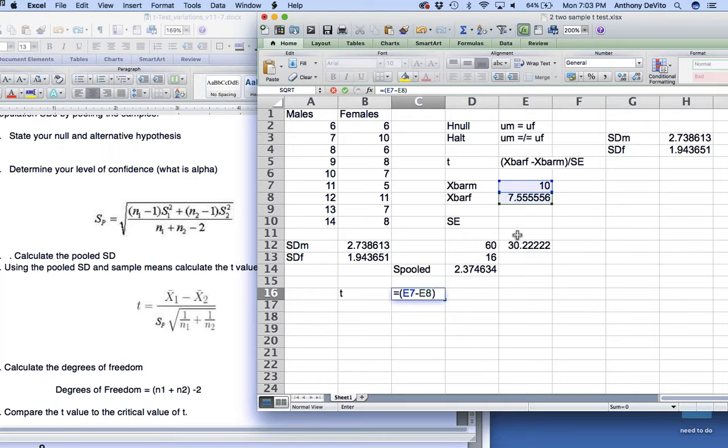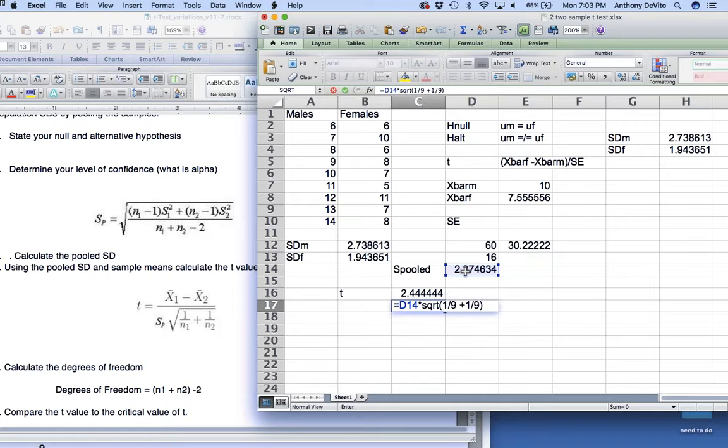I'm going to calculate the top first, then the bottom. The bottom is going to be equal to the pooled standard deviation, 2.37, times the square root of 1 over 9 plus 1 over 9.